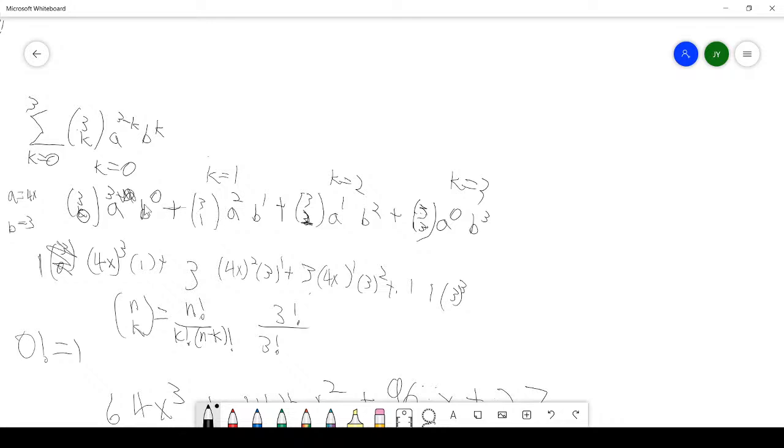There's a point at which when k equals 0, n choose k is equal to n choose n when k equals n.